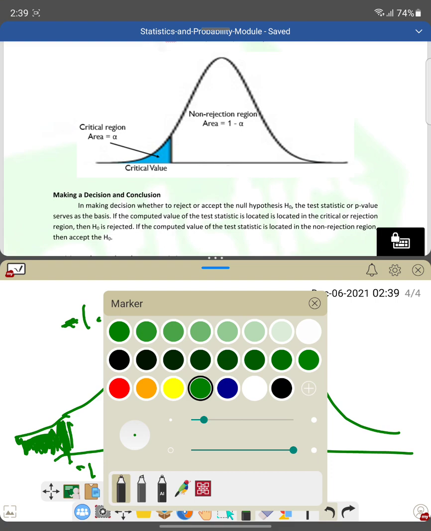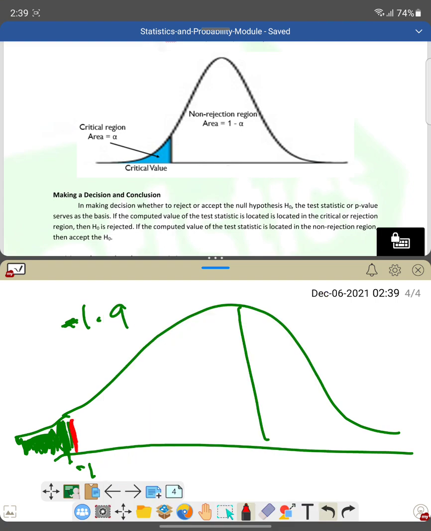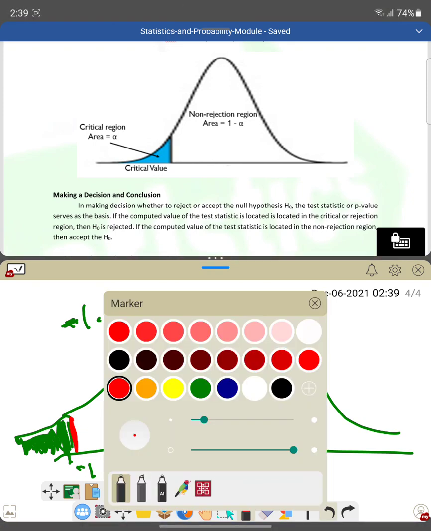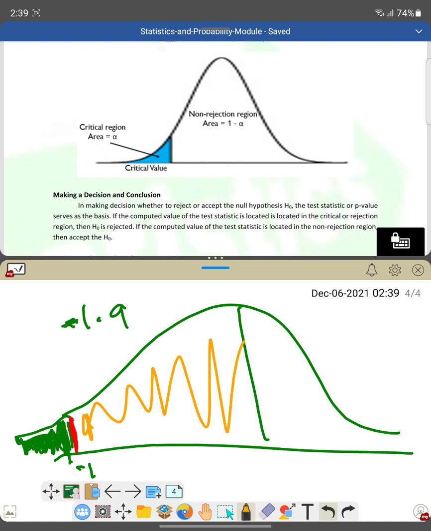Let's try. This is where your -1 is. So if your computed value, for example, is -1.9, locate that on your accepted and rejected regions. The orange is the accepted region.